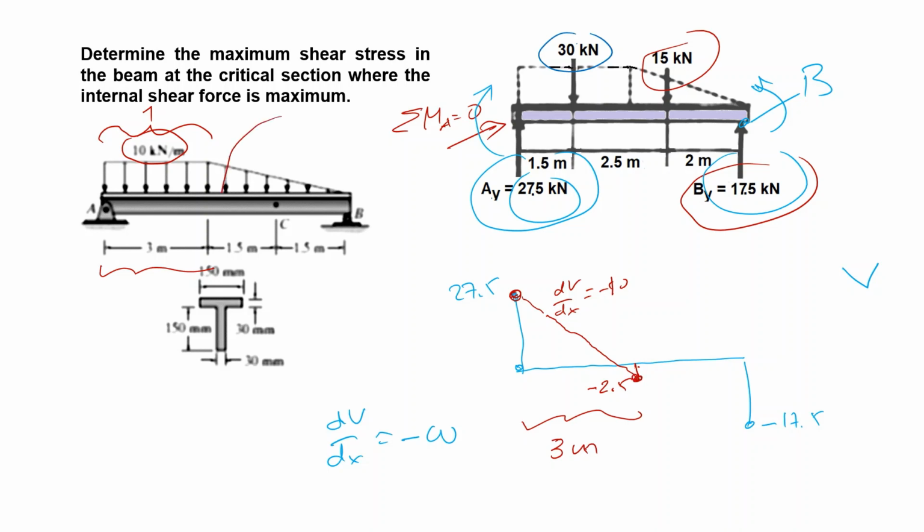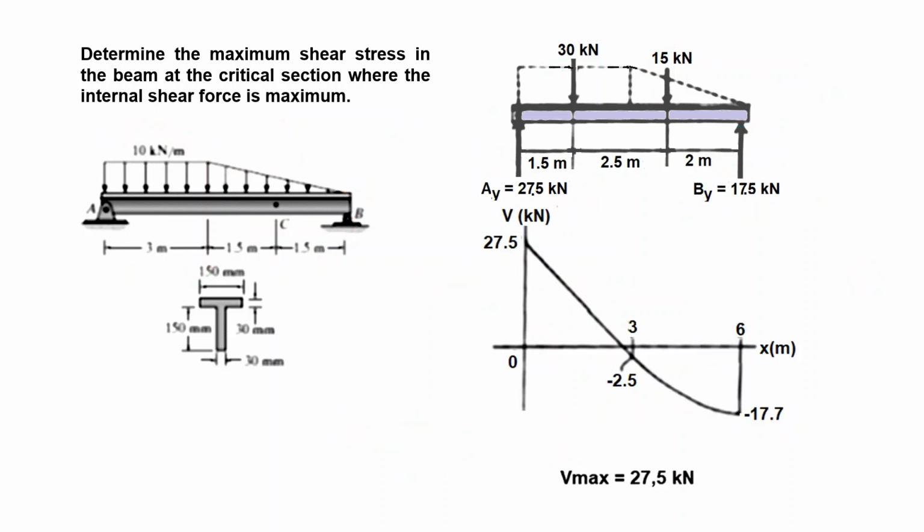What about the second section? In this section, at the beginning the slope is again 10, and at the end the slope, which is the distributed force, is 0. So my V shear force diagram will look like this. This is written in clear form.